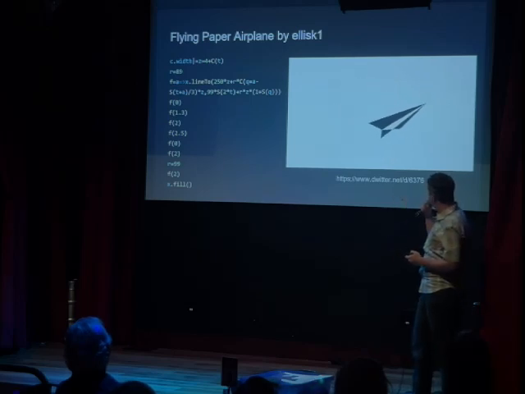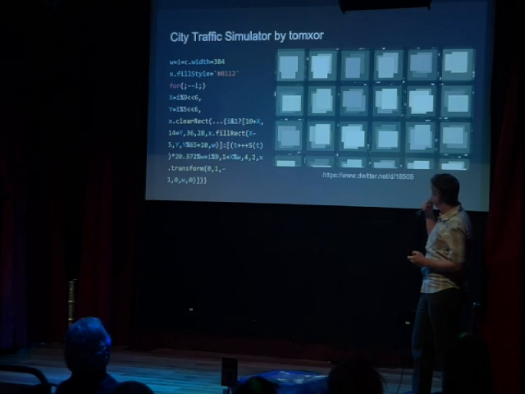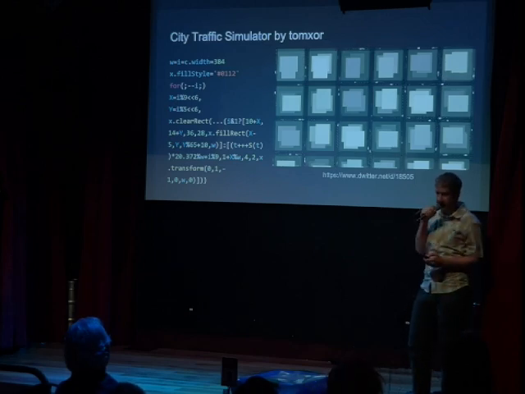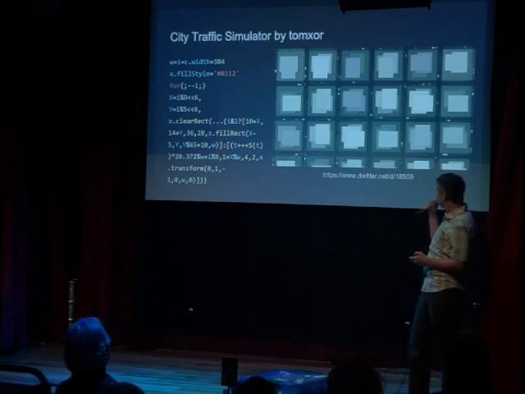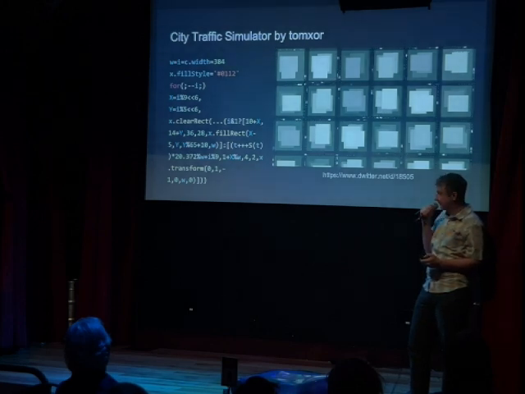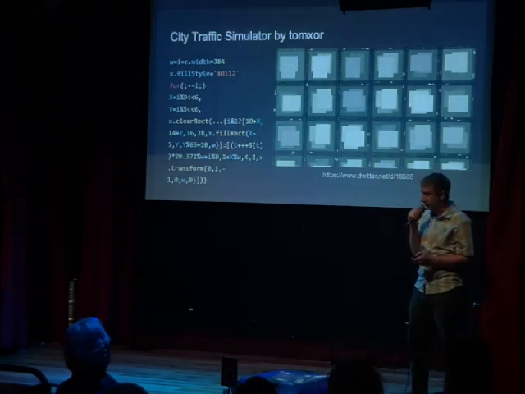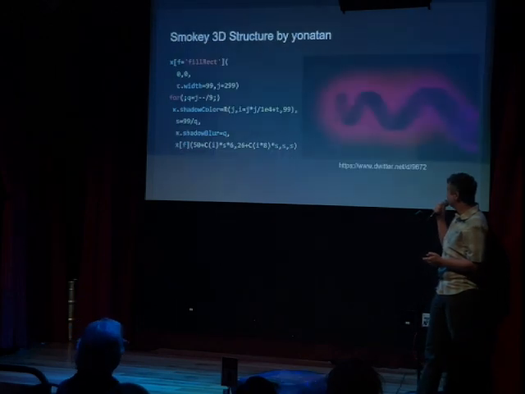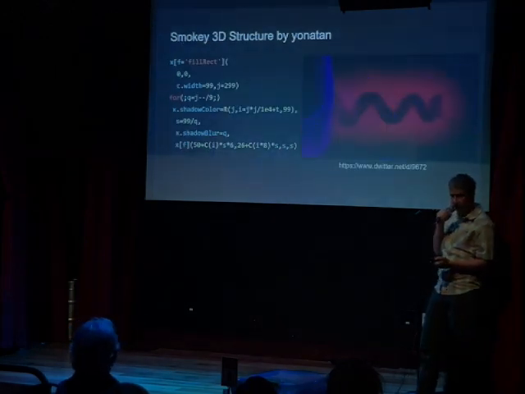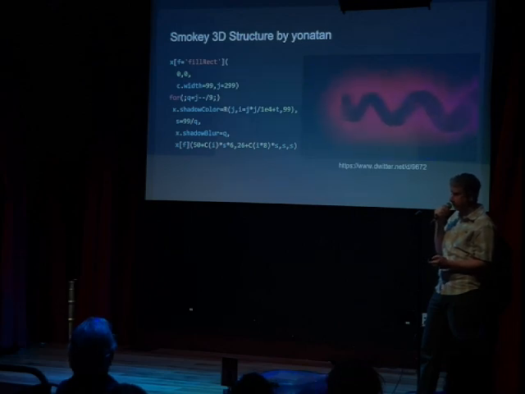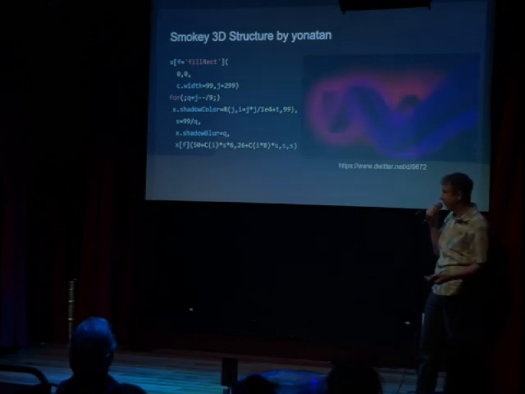And it's pretty cool. Here's one that really blew my mind. That is a city traffic simulation, and if you could see the tiny little cars in there moving around and bumping into each other, I think it's pretty amazing. Here's another one. This one is a 3D structure that has a smoky effect using this shadow blur I was talking about.